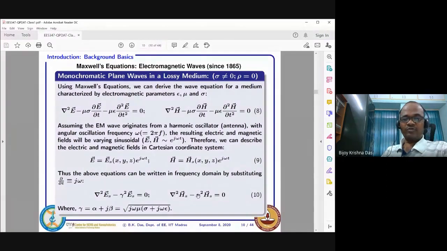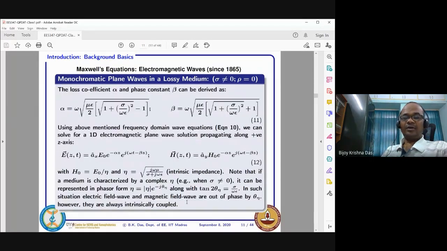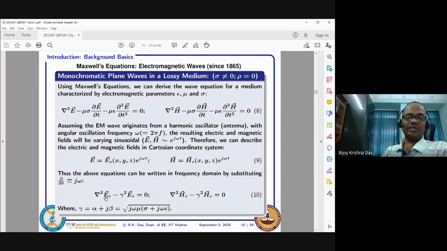HS also is no more xy dependent, but only z dependent. That is the assumption you are making. And then if you solve that, your solutions will come like this. For the electric field, the z dependence is, suppose it's a second order differential equation, and ES has only an x component, so it is like a scalar. When you solve this type of differential equation, the solution will be sinusoidal.